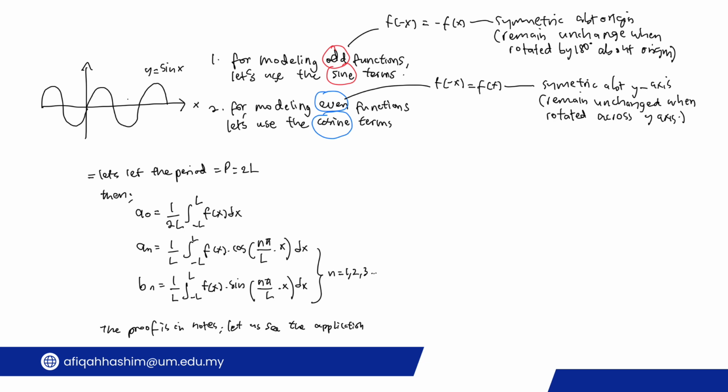So Bn is equal to 1 over L, and you perform the integration from negative L to L of f of x times sine of n pi over L times x, dx.